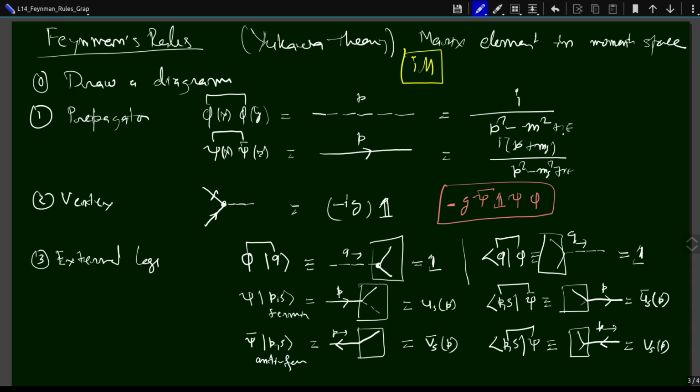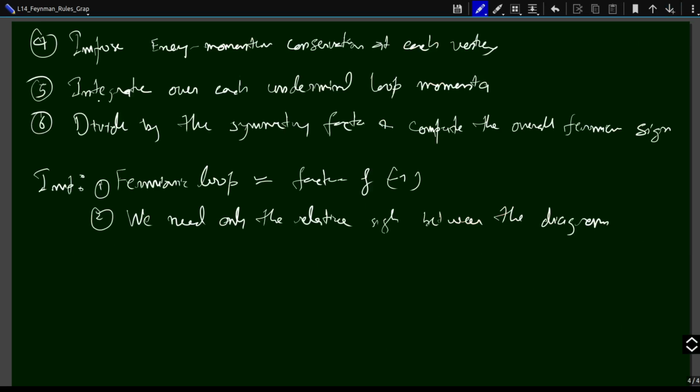The number of external legs describes what kind of process or phenomenon I'm looking at, and the number of loops, apart from telling how much higher order in the interaction it is, also tells me the computational difficulties. So usually I would like to start with zero loops because there is no momentum integration to perform. You remember rule 5 was to integrate over all the undetermined loop momenta.